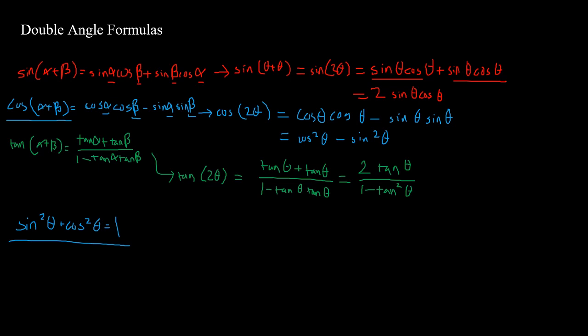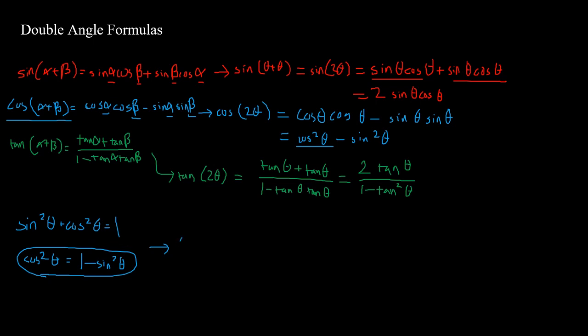We can rearrange this to get that cosine squared theta is equal to 1 minus sine squared theta.